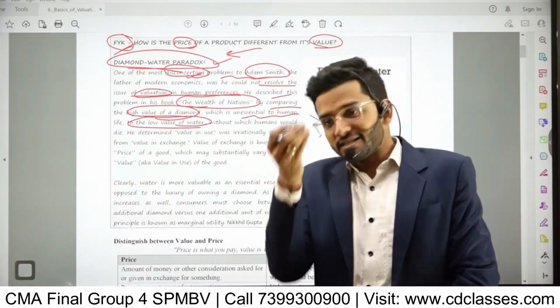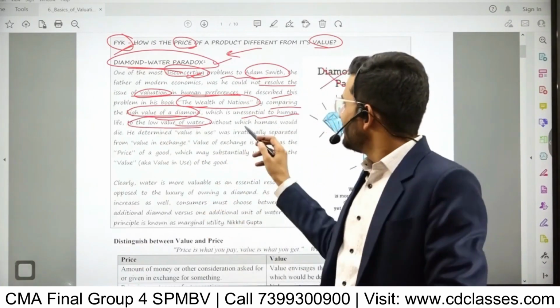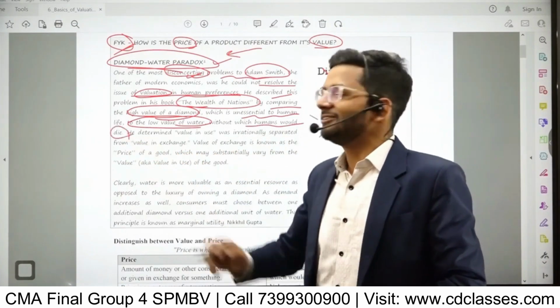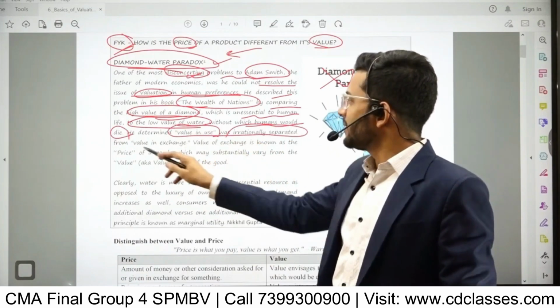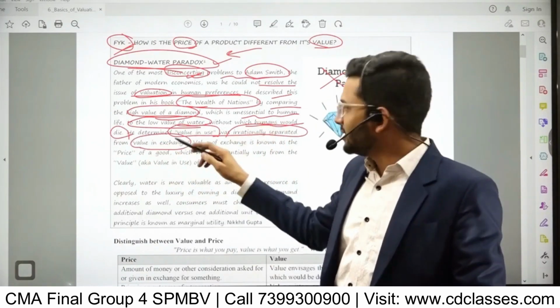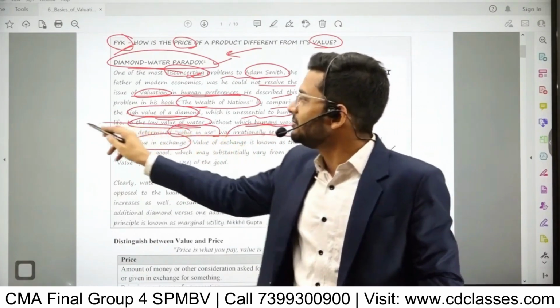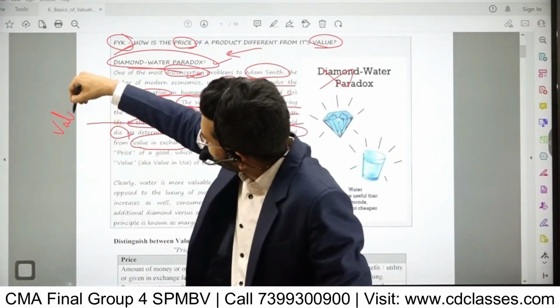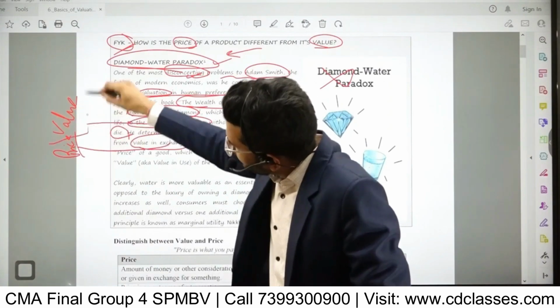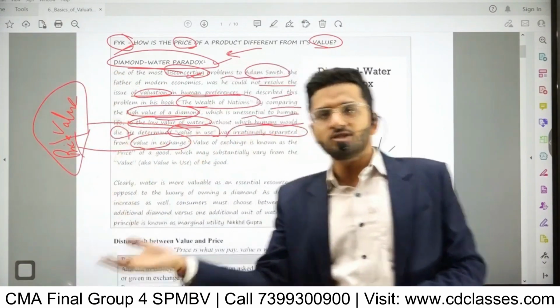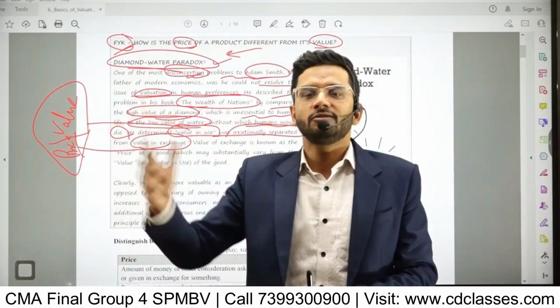The value of water is immense, but its price is very low, without which humans will die, they will not sustain. He determined value in use was irrationally separated from value in exchange. So these two values were there. Value in use is the true value, and value in exchange is the price. So he then came up with this theory of value in exchange and value in use. There are two different things which are value in exchange and value in use.